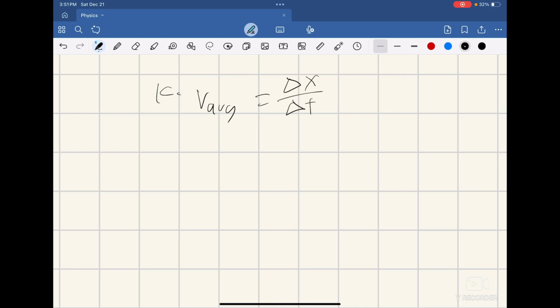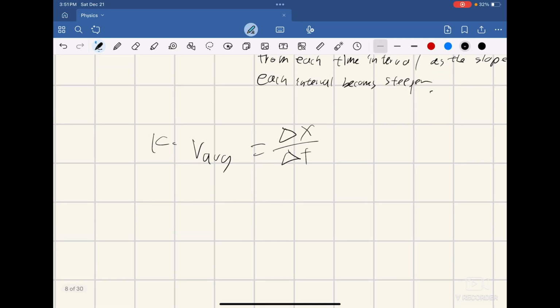Anyway, v average is given by delta x over delta t, and we can rewrite this as x of t final, using f here, minus x of t initial, denoted by i, over t final minus t initial.